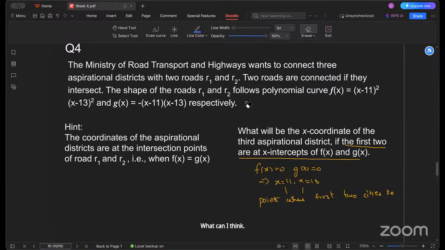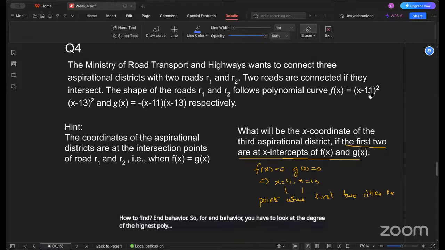Ma'am, how to find end behavior of a polynomial? For end behavior, you have to look at the highest degree term and the coefficient of that, whether it is positive or negative.